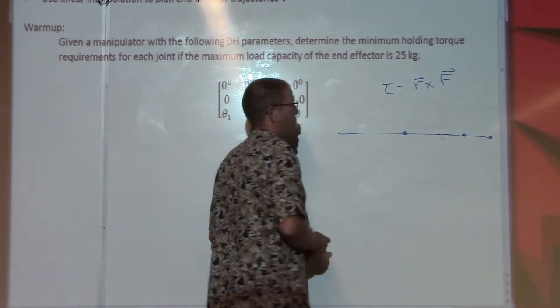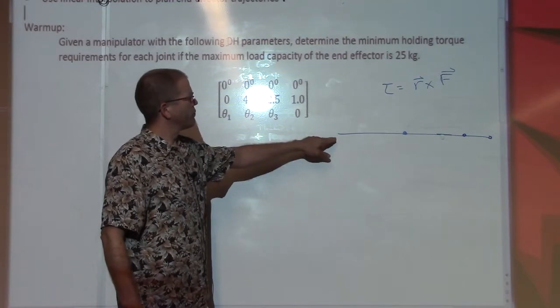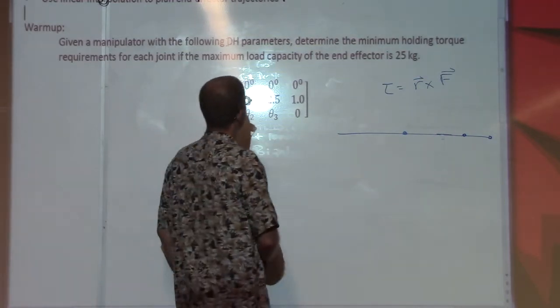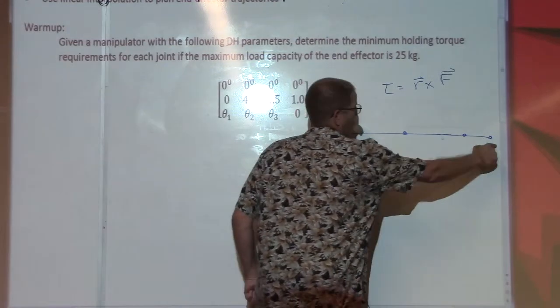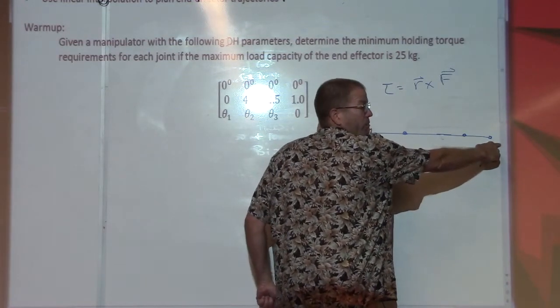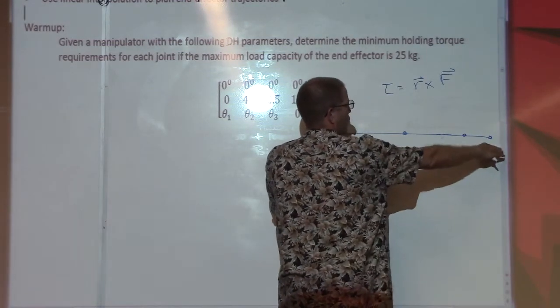So this is going to be oriented horizontally, meaning that theta 1 is going to be holding all of this, or it's going to have a holding torque to support the entire arm.